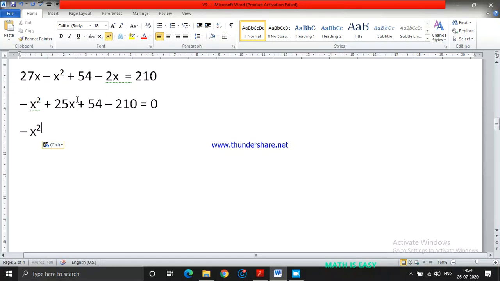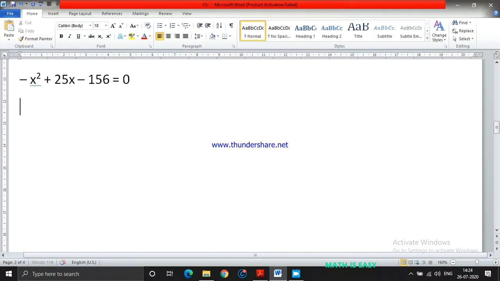So the next step you can put as minus x square plus 25x, then 54 minus 210. If I remove 210 from here, 54 minus 210 is 156, so you get minus 156 is equal to 0.